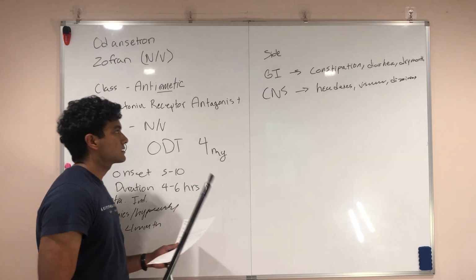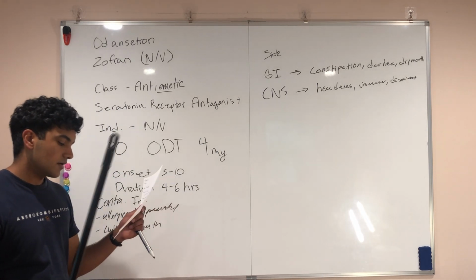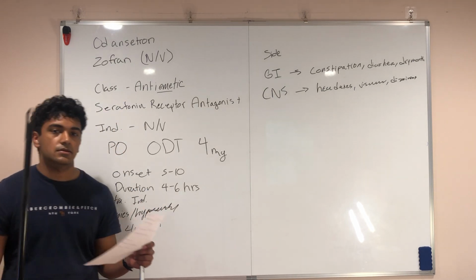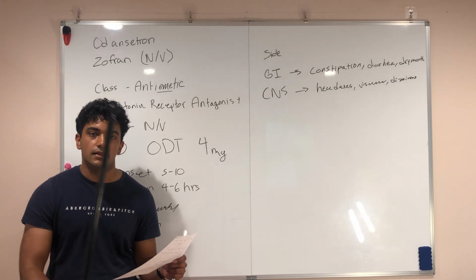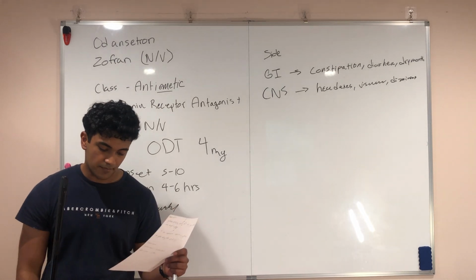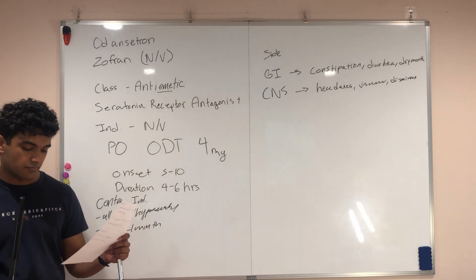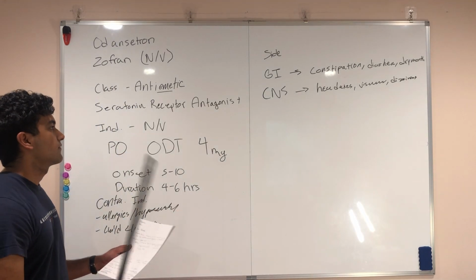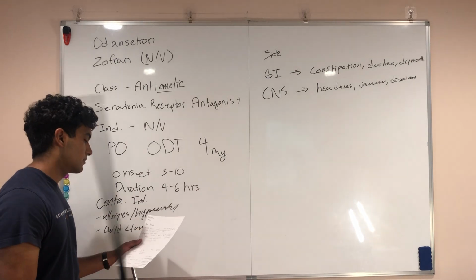Cardiovascular side effects are cardiac dysrhythmias, which is just problems with your heart's normal rhythm and that whole electrical cycle. We're not going to get into that right now, but just any problems with your heart's regular function, and hypotension. And then finally, for respiratory side effects, it can cause hiccups.